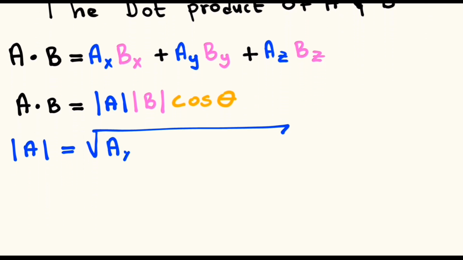That is A subscript x squared plus A subscript y squared plus A subscript z squared.